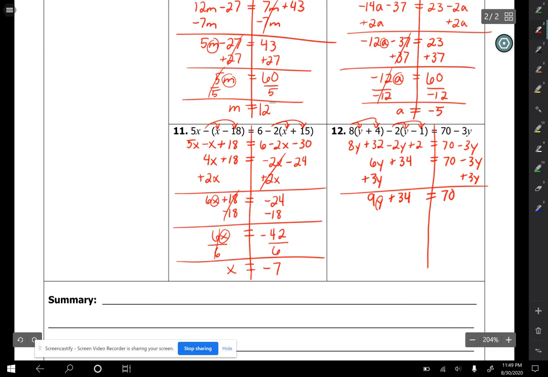So I'm ready to solve for y by subtracting 34 from both sides. 9y equals 36. Divide by 9 on both sides. Y equals 4.